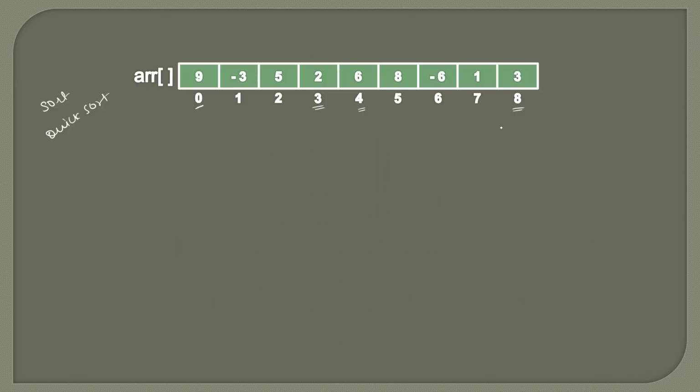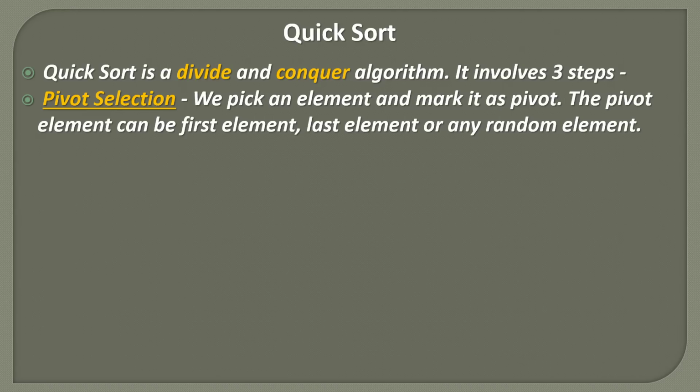In this tutorial we will take the last element as our pivot. So here the last element, which is at index 8, has the value 3. So this is our pivot. So this is the first step. We take a pivot and we can take any element as our pivot.